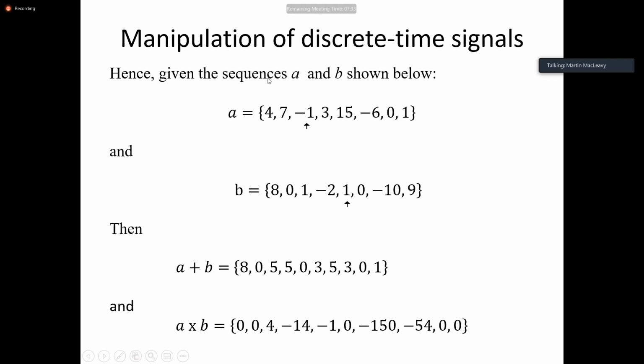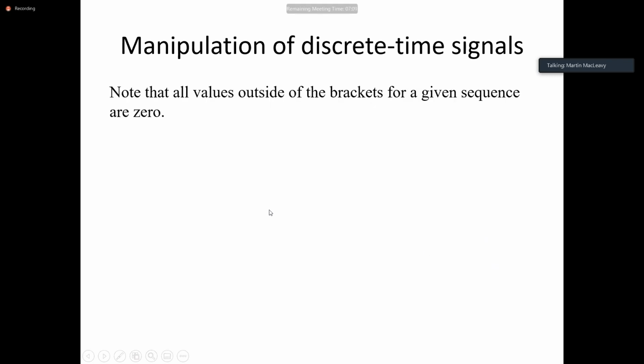Similarly here, 0 times 0 would give us 0, and then 1 times 4 would give us 4. Minus 2 times 7 would give us minus 14, and so on. So have a look for yourself, work it out. Let me know any other typos that have been made. We'll go on to the next slide now.